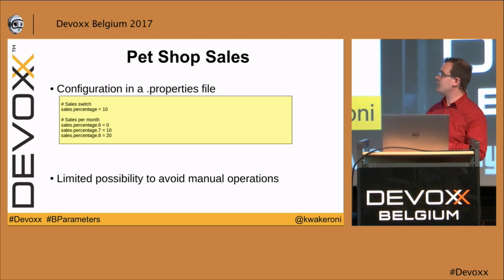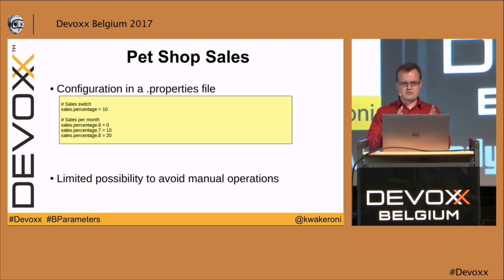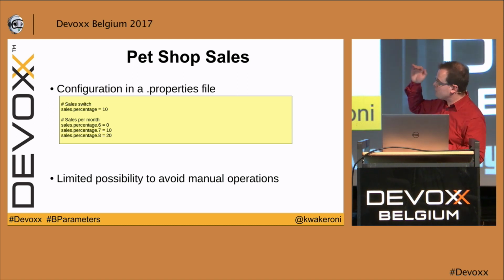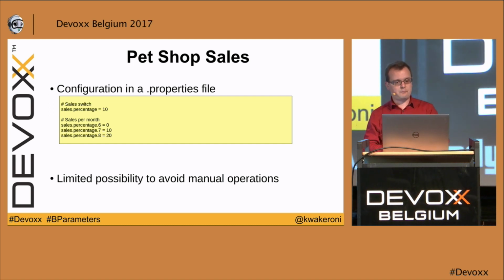And you might think, okay, I'm going to try and be smart. I'll put multiple properties and encode the month in it. So I can encode my percentage as a function of the month. So these properties files, if you mangle the names of the properties, you could automate that a little bit.